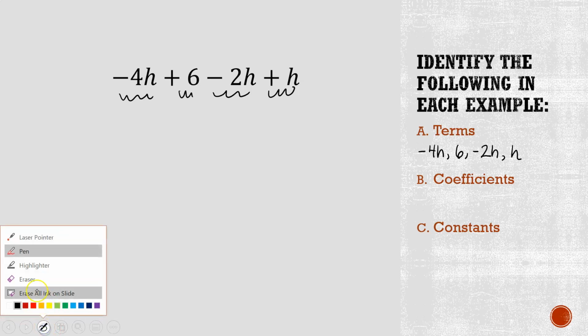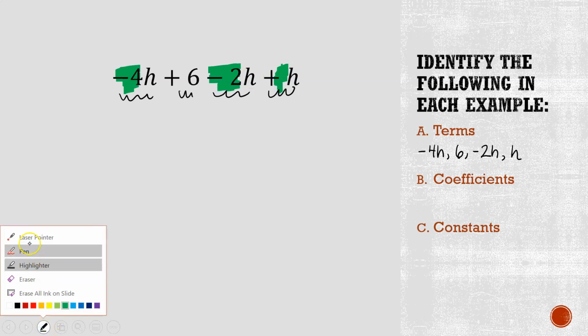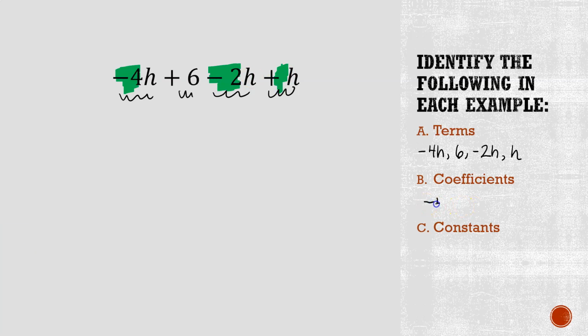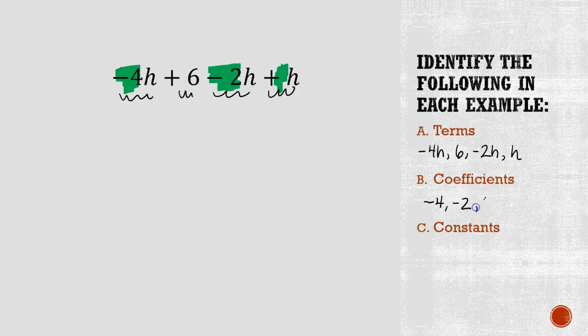Threw that curveball in there with that h by itself again. Remember that it's whatever's in front of the variable, including the sign, and there's a 1 in front of that. So our coefficients are negative 4, negative 2, and 1. The constant is just anything without a variable, and that's 6.